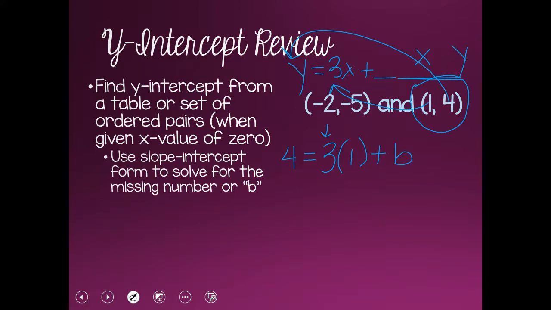Okay, so now I'm going to do 4 equals 3 times 1 is 3 plus b, subtract 3. So b is going to be 1. So my final equation is going to be y equals 3x plus 1.